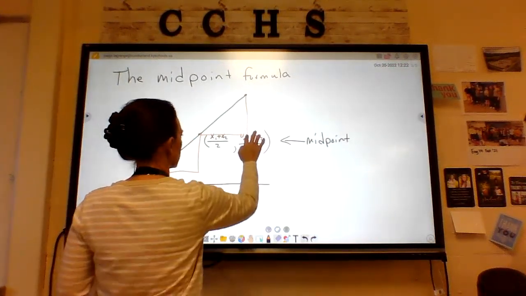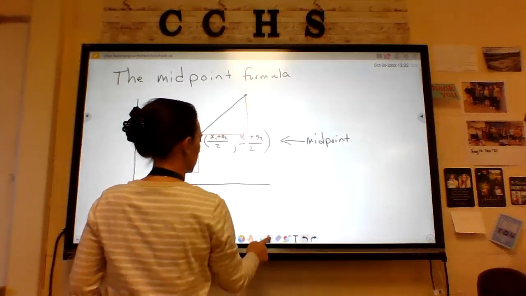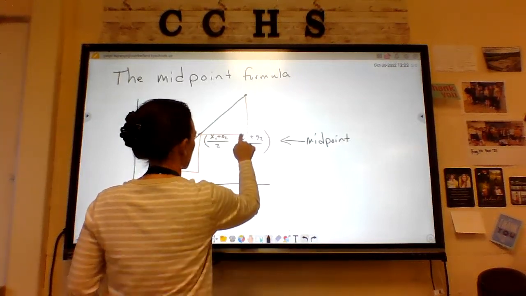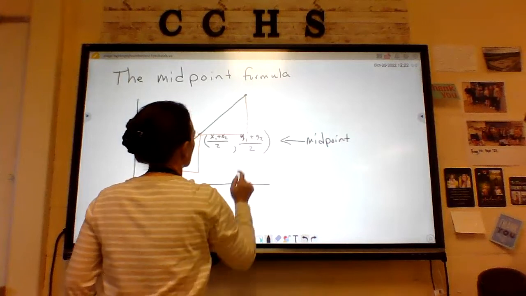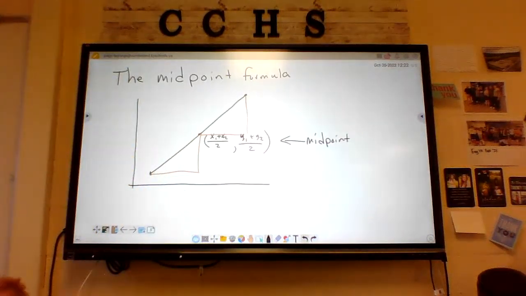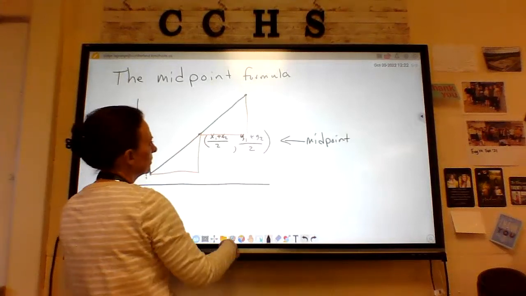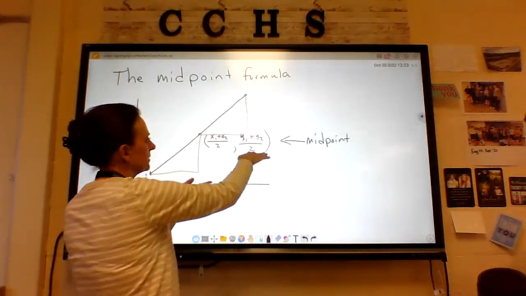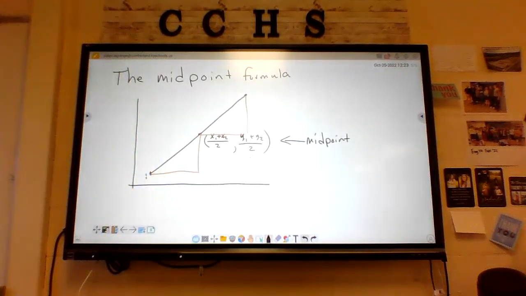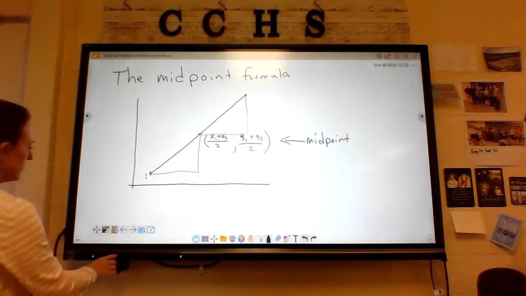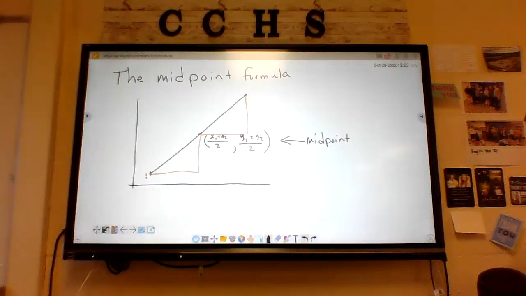Let me fix that. So you've got two triangles, and here you see the differences between the x's, divide that by 2, and the differences of the y's, divide that by 2. All right, so let's use that. Let me give you the proper definition. Can I go to the next slide?